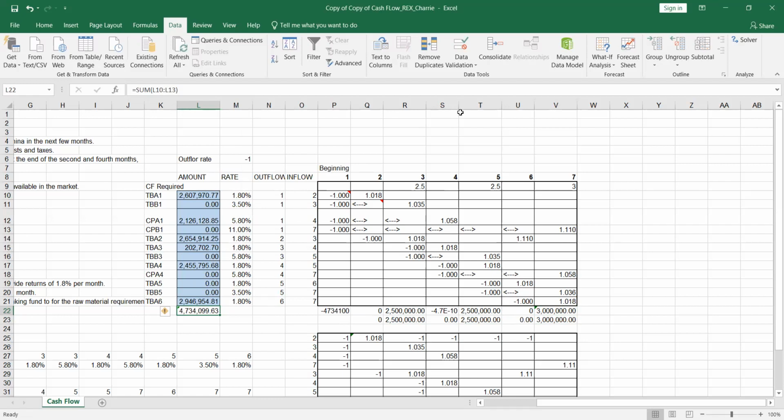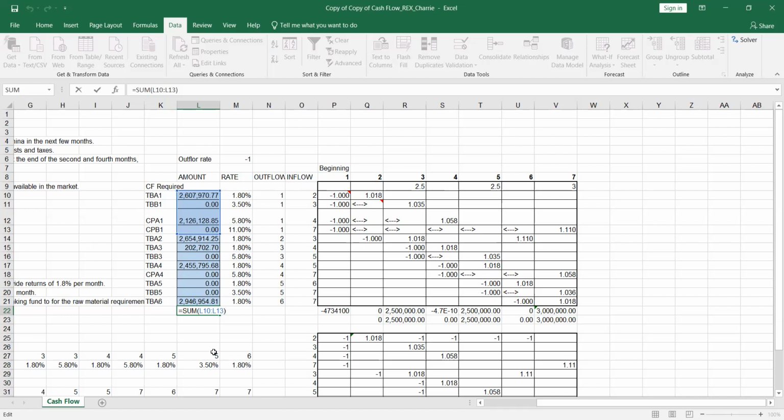May I see again your formula for L22? Sum of L10, L11, L12, L13. Tama. Okay, that's correct. Naglagay ka lang din ng formula dito. 0, 0, 0, 0. 2.5, 2.5. 3 million. 3 million. Okay, add mo nga.